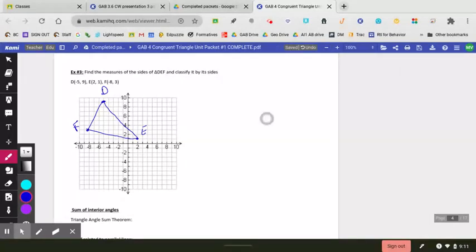Distance formula is something we learned in chapter 1, which is D equals the square root of x2 minus x1 squared plus y2 minus y1 squared. I need to do that for all 3 sides.